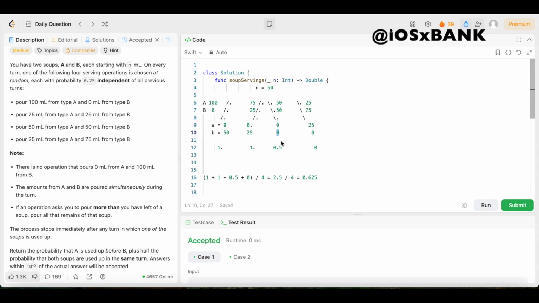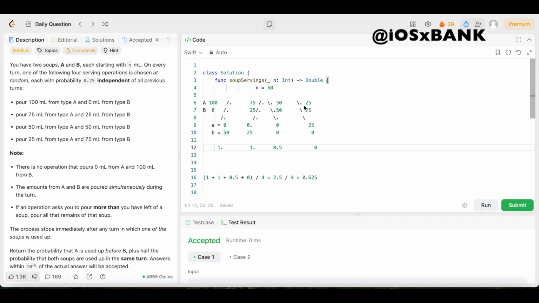So since they both become empty, that gives us a 50% chance that A would become empty before B. So that's a 0.5 right here.